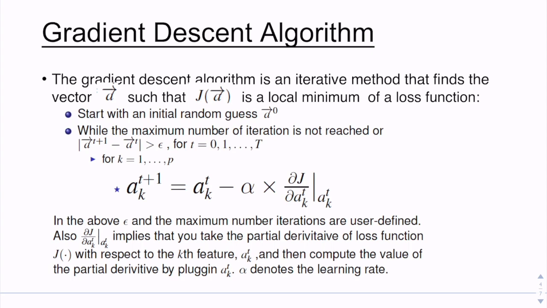Gradient descent is an iterative method to find a local minimum for the loss function. Note that this loss function is a function of a vector, a function with multivariate inputs, not only one input.